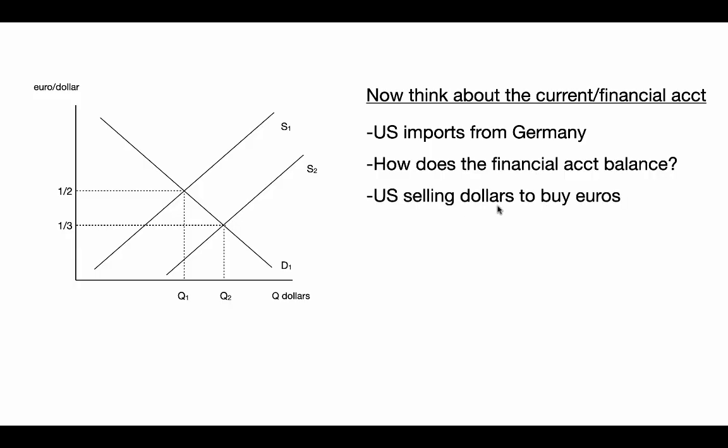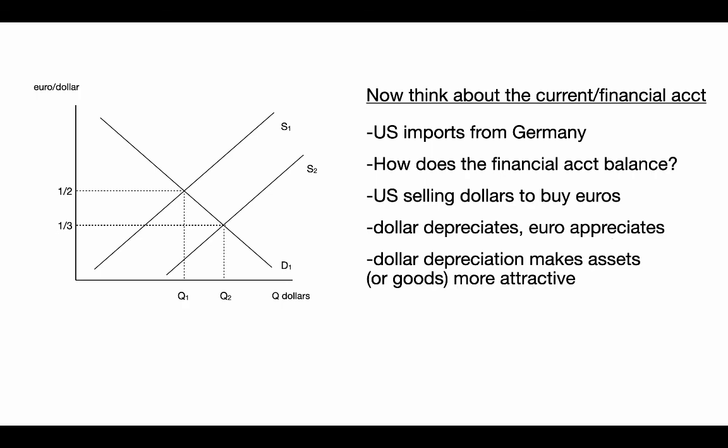Like I said, we're selling dollars, which means the dollar has depreciated. Now when the dollar depreciates, things that are priced in dollars become relatively more attractive, right? And the euro is the flip side of that, so the euro is now getting stronger. And so assets or goods that are priced in dollars have now become relatively more attractive. Now I assumed that we started with this trade deficit here, and it's going to be balanced by this financial account surplus.